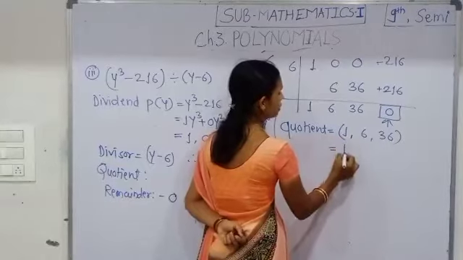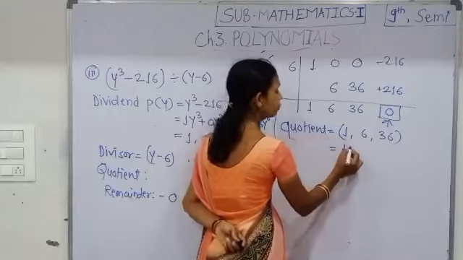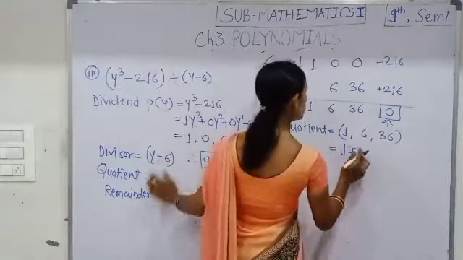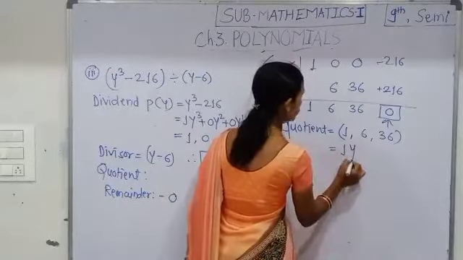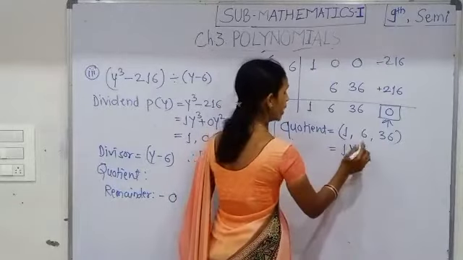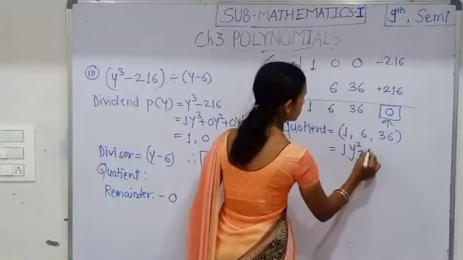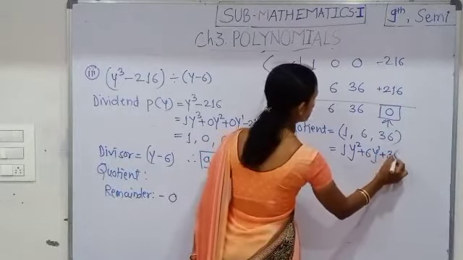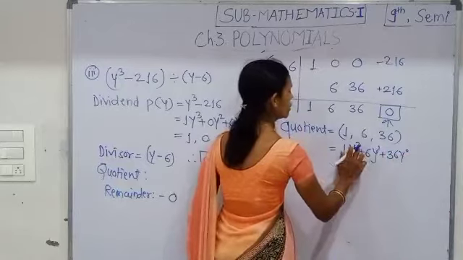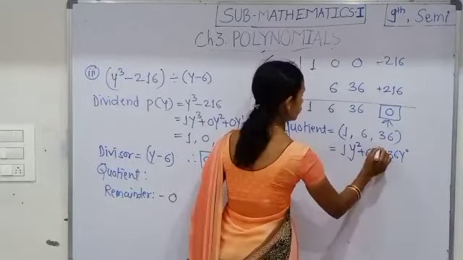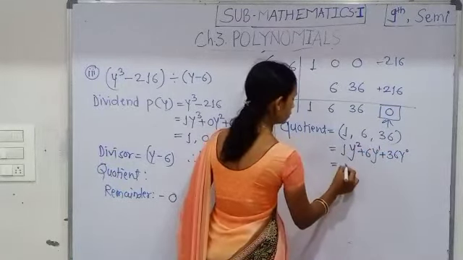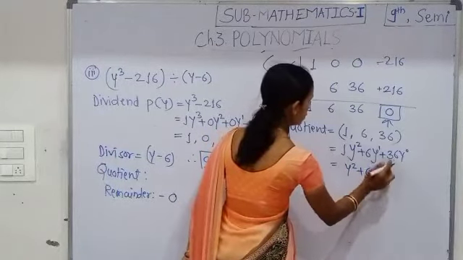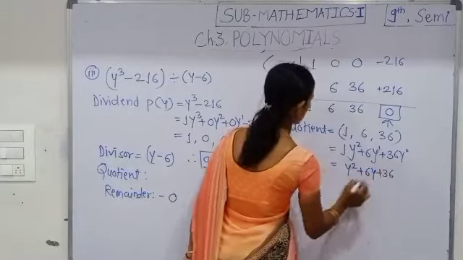Therefore the index form of the quotient: here the y variable is used, therefore we write 1y square plus 6y plus 36y raised to 0. Therefore we write y square plus 6y plus 36.